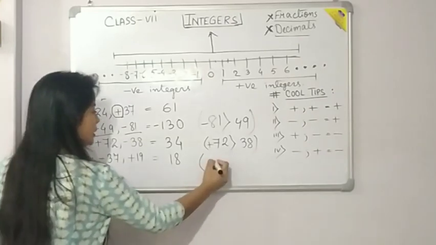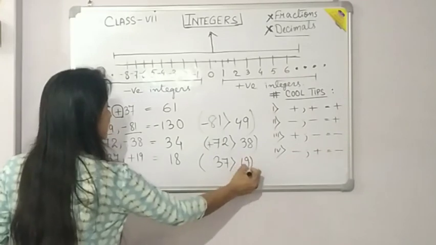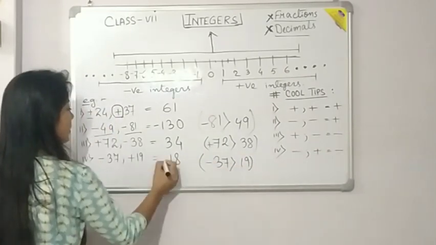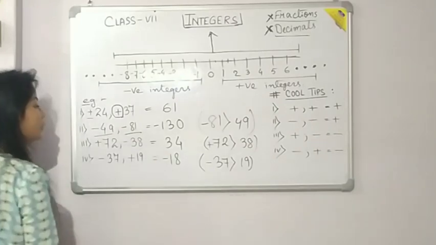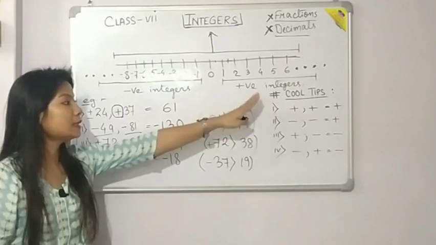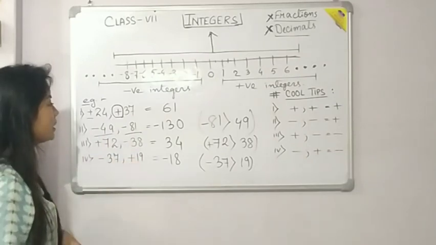We can easily say that 37 is greater than 19, and the sign present in front of 37 is minus. So in the answer also we will put minus. In this way we have to follow these rules or tips, and then do the subtraction and additions like the way I have shown just now.